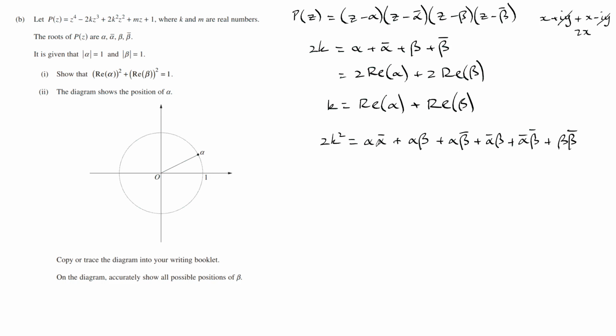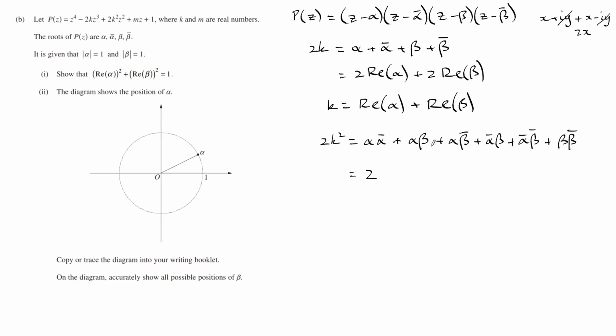Well, alpha times alpha bar is the same as the argument. No, sorry, I mean the modulus of alpha. So that's going to be 1, and that's going to be 1 as well. So those add up to 2. And then what can we do with this? Well, this to me looks like we can factorize that.